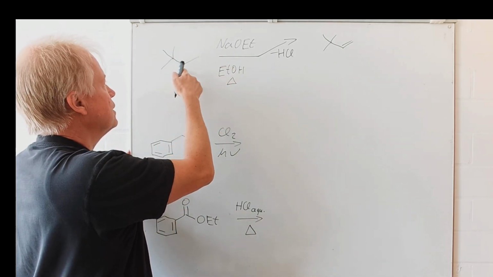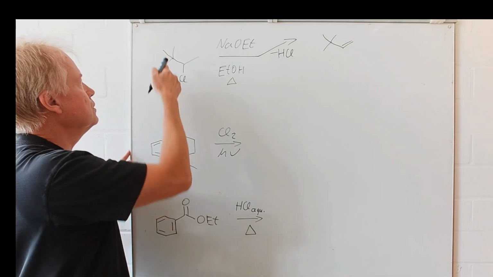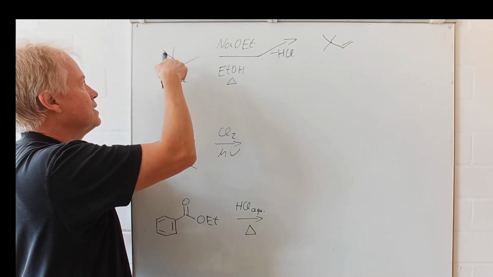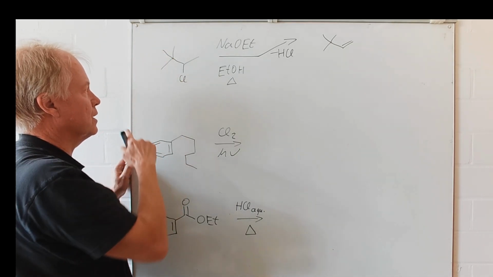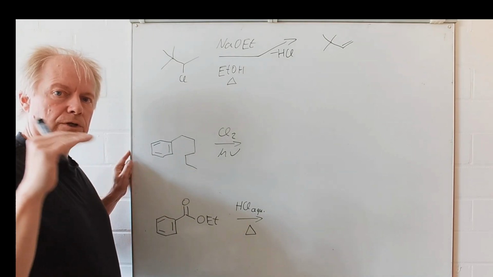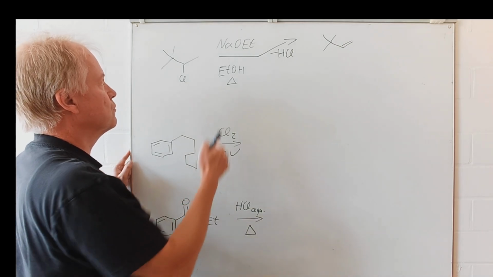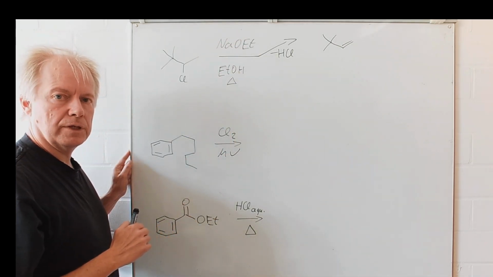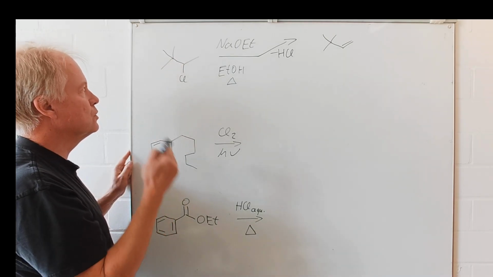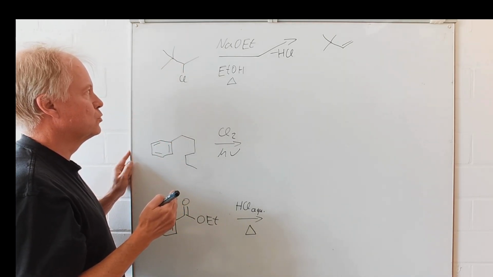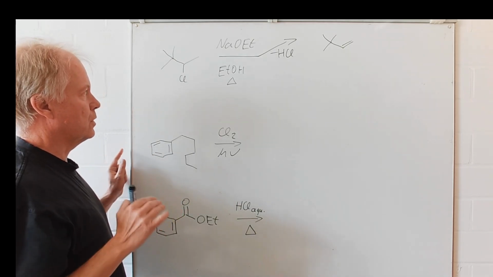However, since here this is a so-called neopentyl position, alpha to that tertiary butyl group, then the tertiary butyl group blocks the trajectory out of steric reasons for the approaching ethanolate nucleophile. So in such a situation, nucleophilic substitution by an SN2 process just does not work.